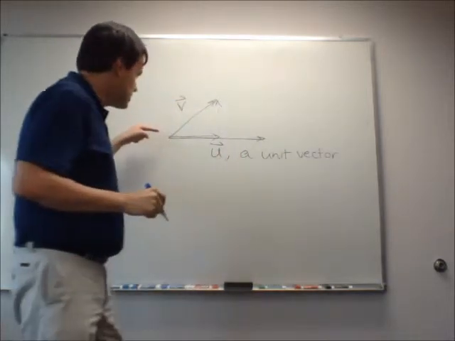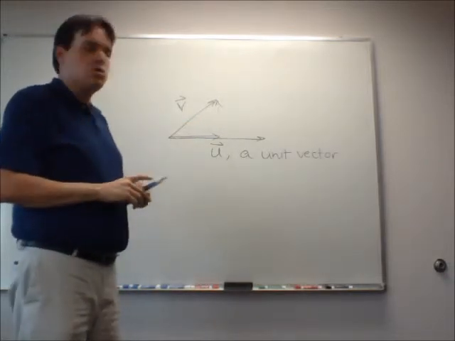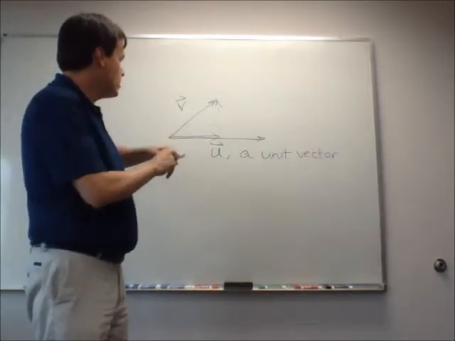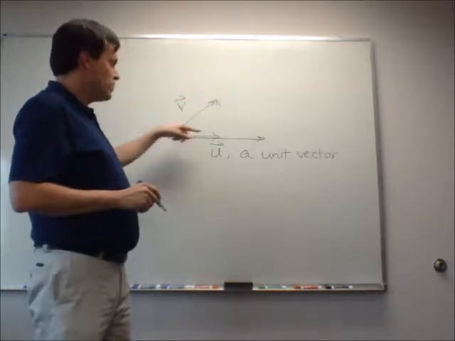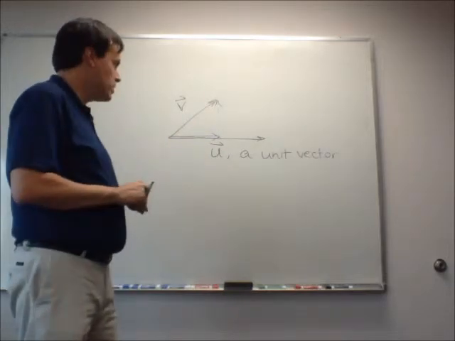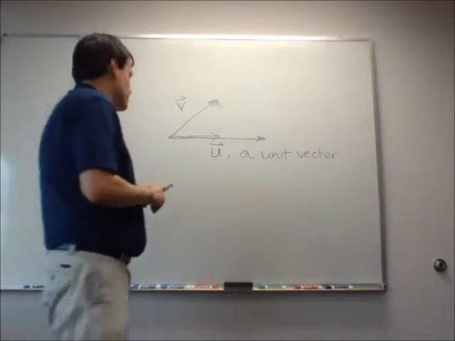This video is going to focus on finding this component here, the one that goes in the direction of u. You'll notice that I've taken v and acted as though there's a light shining from directly above the vector u, and looked at what the shadow of v would be on the vector u.